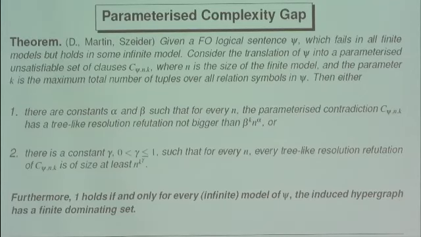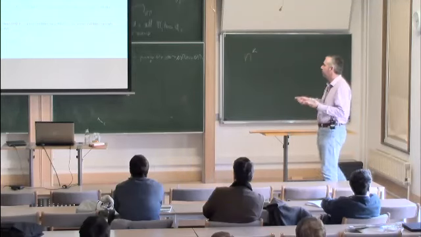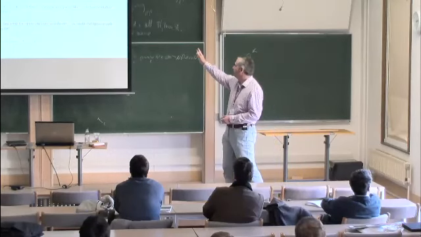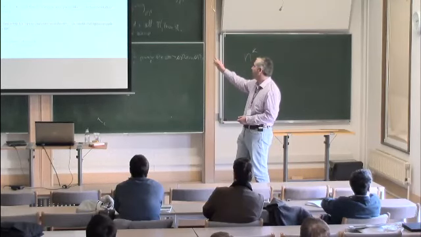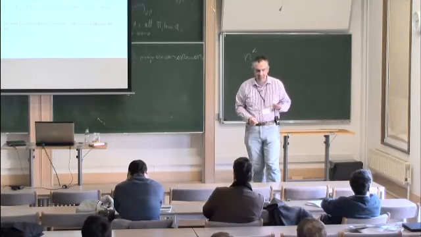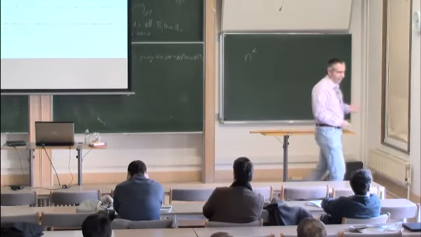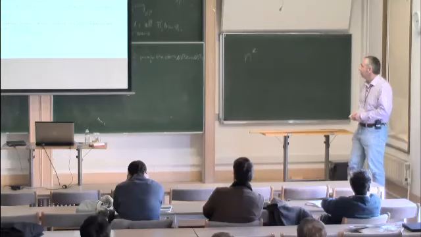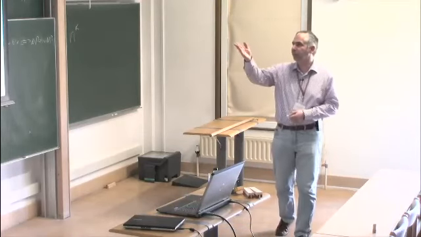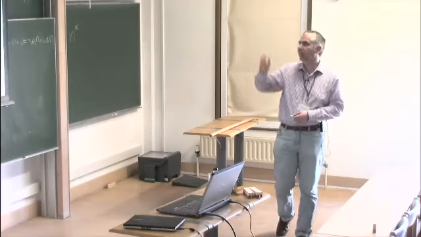Well, now we, of course, only look at first-order formulae that fail in all finite structures, but have some infinite model. It splits into easy and hard case, and easy is, as you may imagine, polynomial in n times exponential in k. The hard one is a lower bound of n to the polynomial in k.